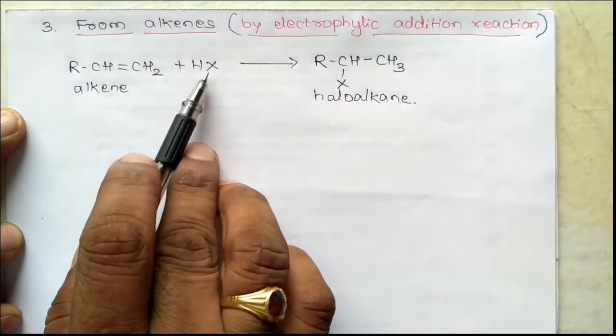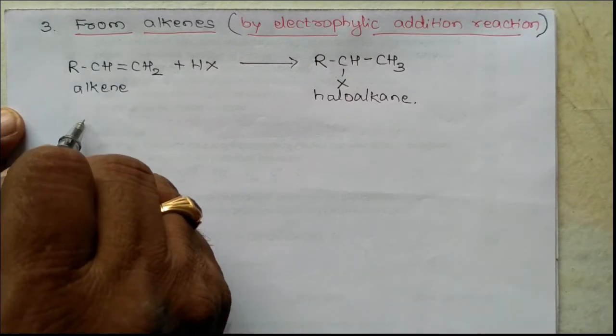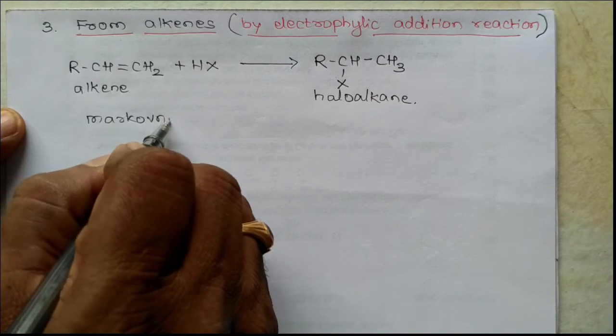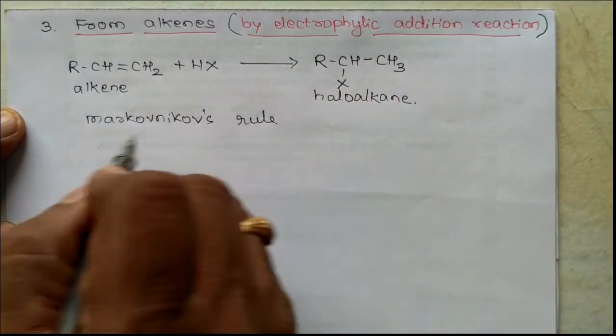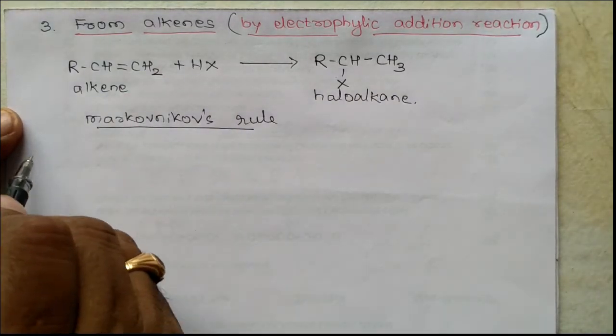This addition of hydrogen halide to alkene takes place according to Markovnikov's rule. Now let us see examples.